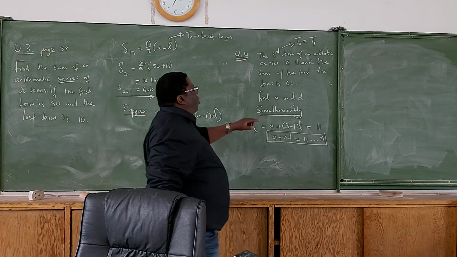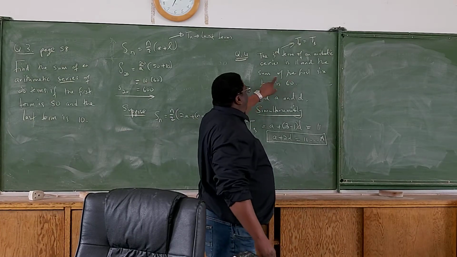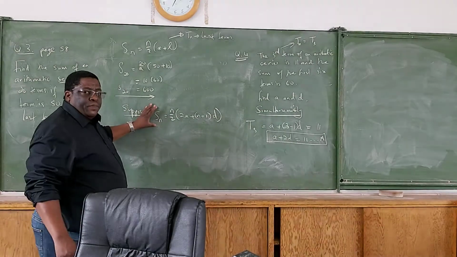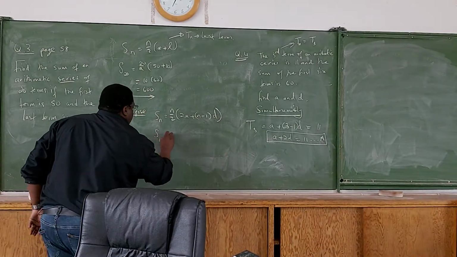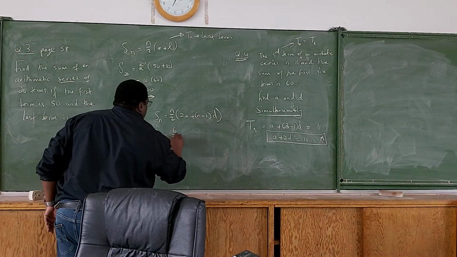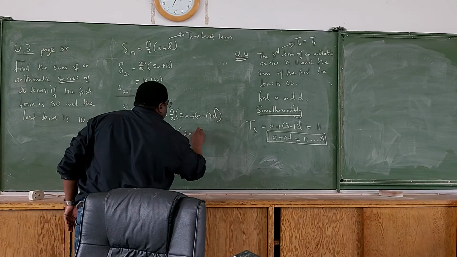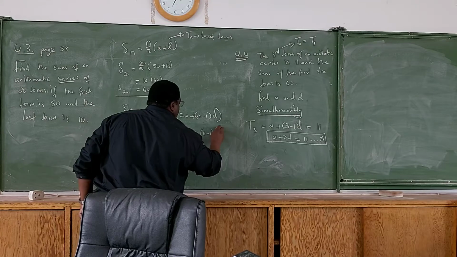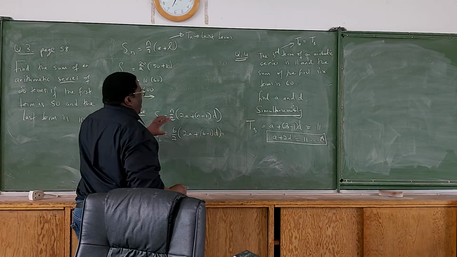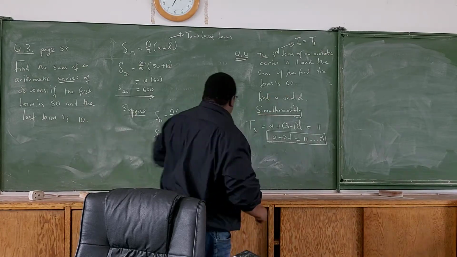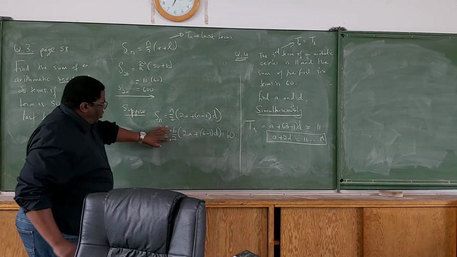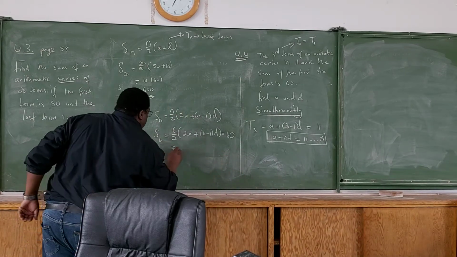Then we're also told that the sum of the first 6 terms is 60, therefore we're going to use this formula here. We just substitute. We don't know the value of A or D, but we know that the sum is equal to 60. So we clean this up. This is half of 6, which is 3.